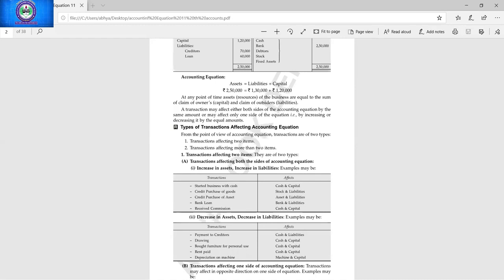When the word goods is written, then it is stock. But if any name of the asset is given, like computer purchased, furniture purchased, machine purchased, then all these are assets. For goods, there will always be the word mentioned, that is goods only. So share purchased.